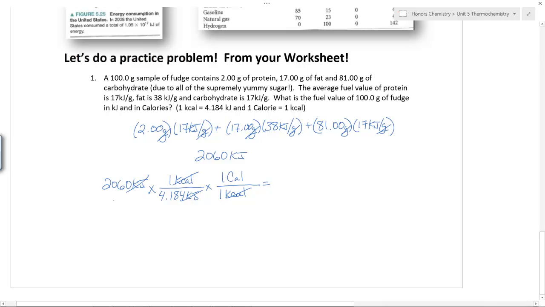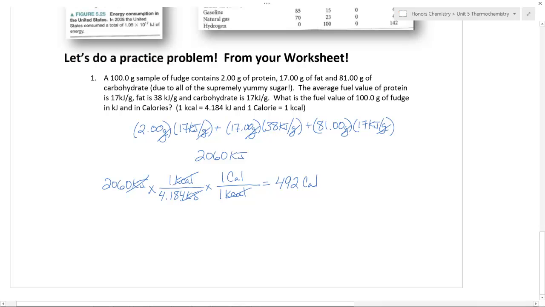Kcals cancel, kilojoules cancel, calculate through, and you find that there are 492 Calories, or food calories, found in 100 grams of fudge. So while fudge is delicious, probably not the best thing for you in terms of food to eat on a daily basis.